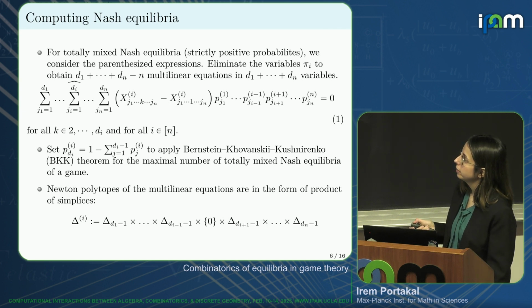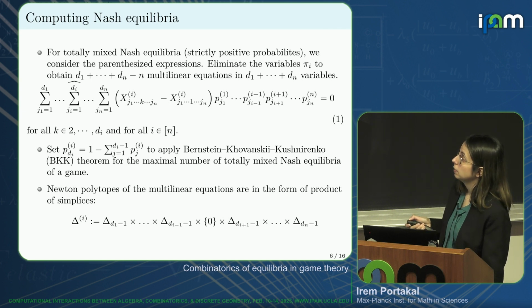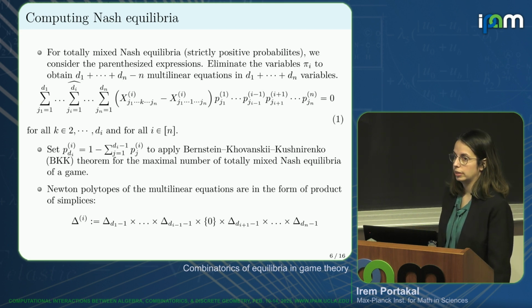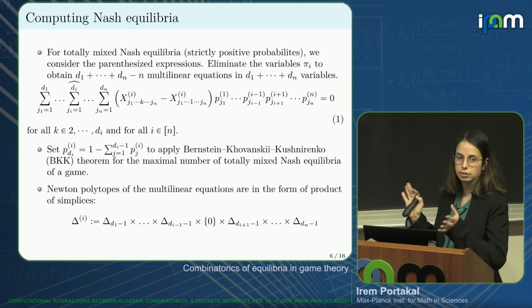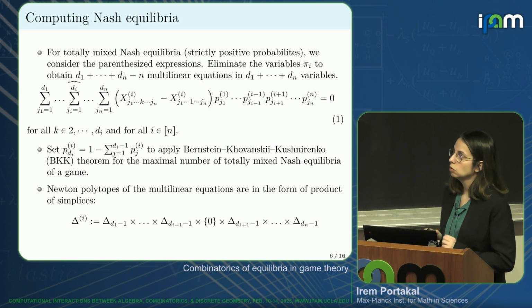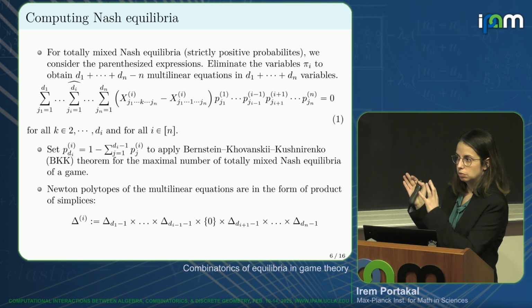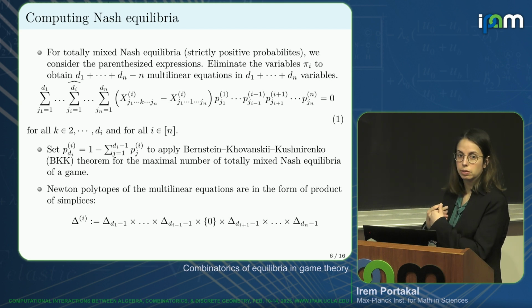In the end, I get these nice, again, multilinear equations in d1 plus dn variables, and this many multilinear equations. So I need to solve these now without checking non-negativity or so, to find Nash equilibria. So I want to get a square system that I can use some techniques from algebraic geometry on.